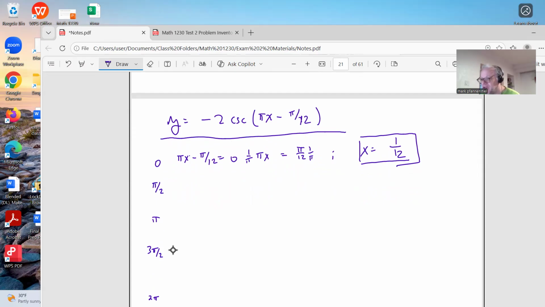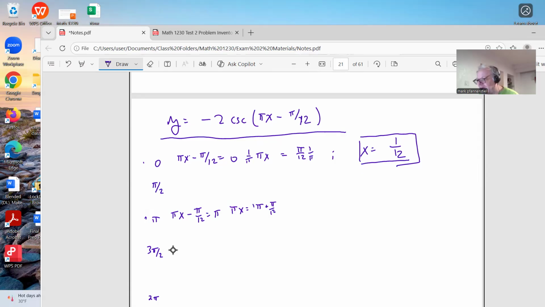I'm going to skip around to the pi and the 2 pi and then come back and fill in the ones that I missed. So the next one I want to deal with is pi x minus pi over 12 equal to pi. What does x have to be for this to be true? We have pi x equals pi plus pi over 12.